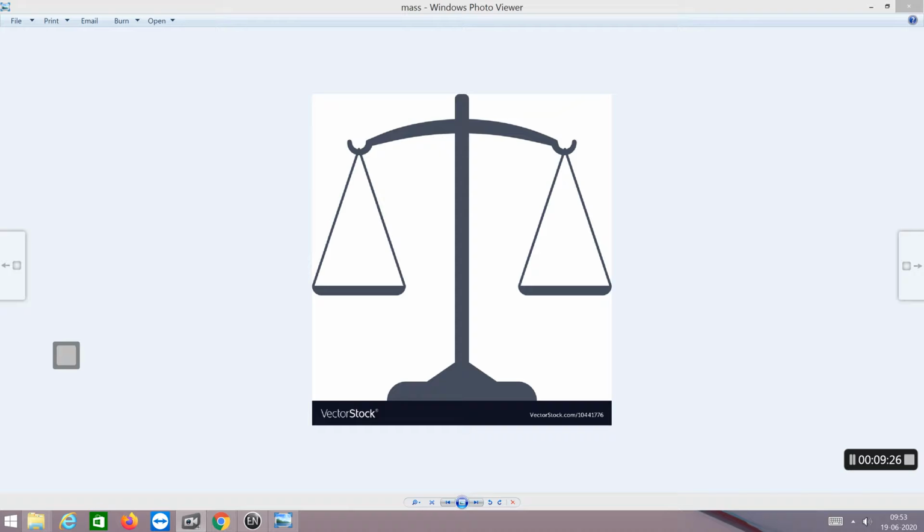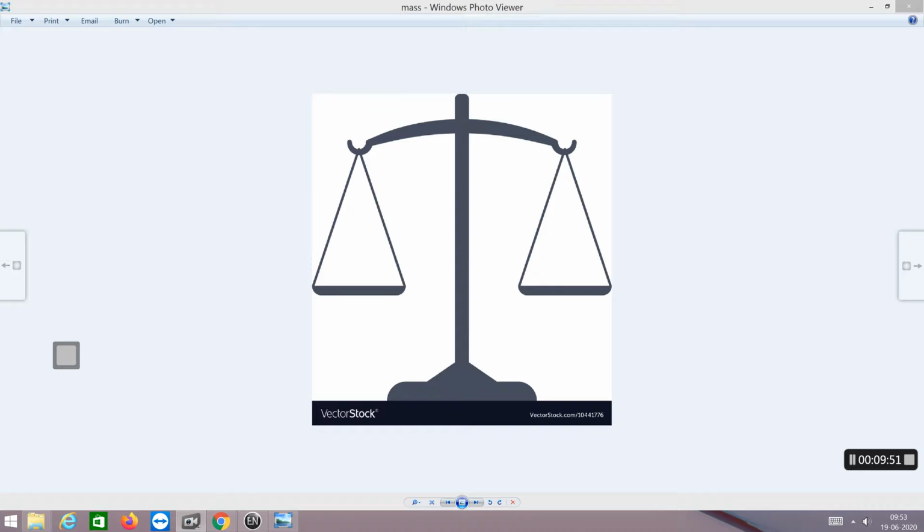So have you seen this device? It is called a common balance. There are two pans, right pan and left pan. You keep weight in one pan and you keep the things in the other pan.